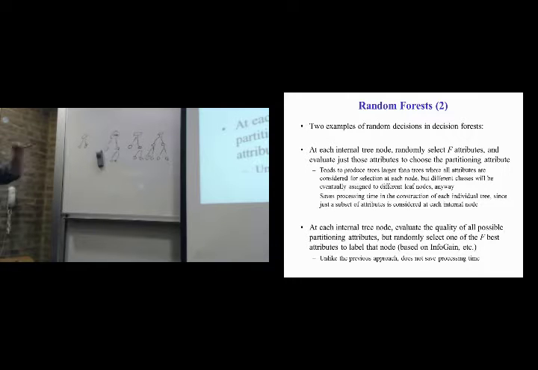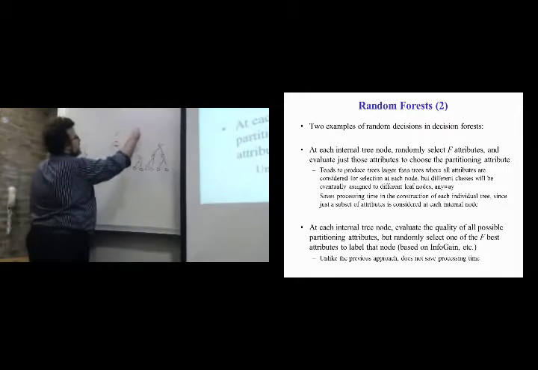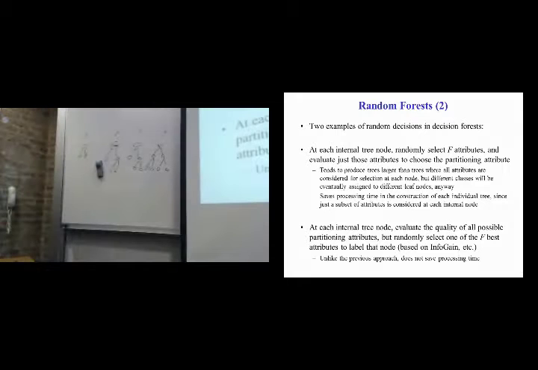But this time you've used some randomness to construct each of the trees slightly differently, and so they're going to make slightly different predictions to each other. So again, we can use voting to make the best decision, and it seems that this works better than just using a single decision tree and using the absolute best information gain ratio each time.